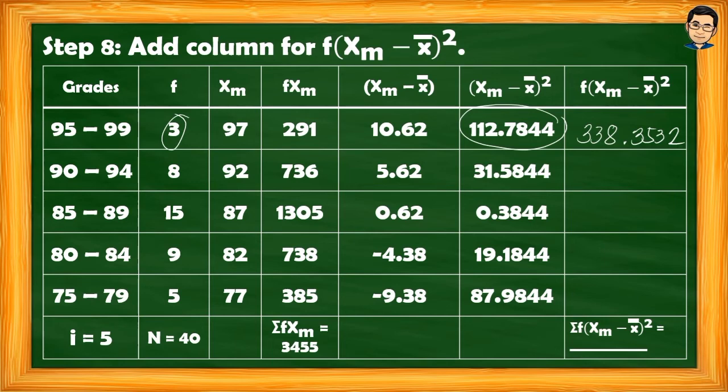Next, 8 times 31.5844, that is 252.6752. So reminder lang, hindi tayo makakarating dyan sa last column, yung pang 7th column natin, unless wala po yung 3rd, 4th, 5th, and 6th. Okay, kasi yung frequency lang dyan ang given, tsaka yung class. Next, 15 times 0.3844 will have 5.766.